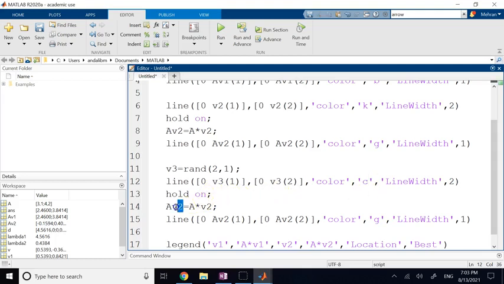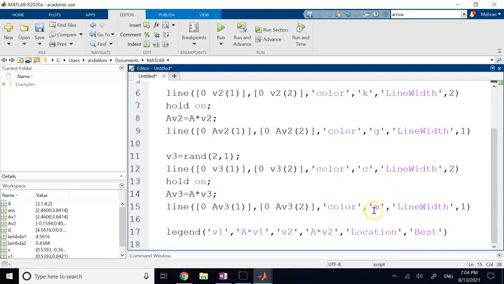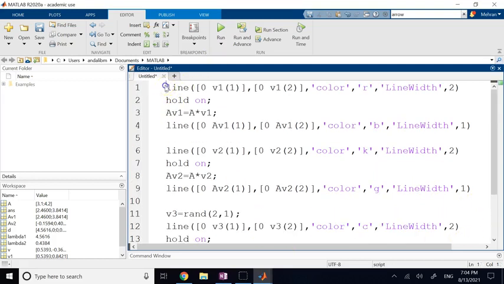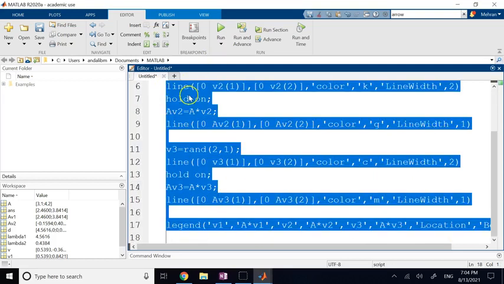And then I get AV3, and for that I use magenta color. Okay, so V3 and AV3 are going to be cyan and magenta, and I add a little bit of that as well here to clarify, right? So let's do it. So here we go.